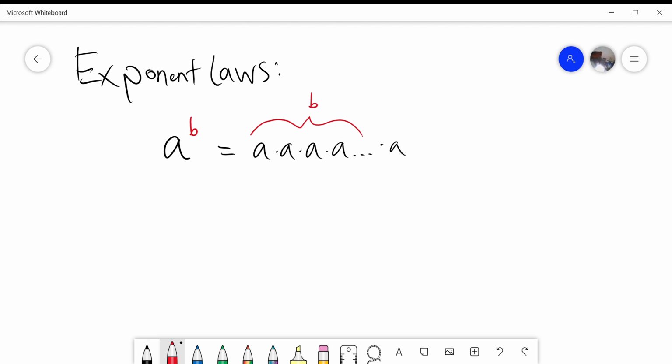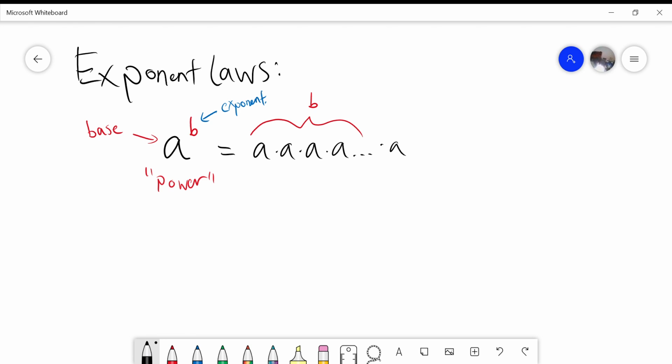So we're multiplying a by itself b times, and this together is called a power. And this is called the base, and that is the exponent. Okay, now that we got that out of the way, let's get into the laws.